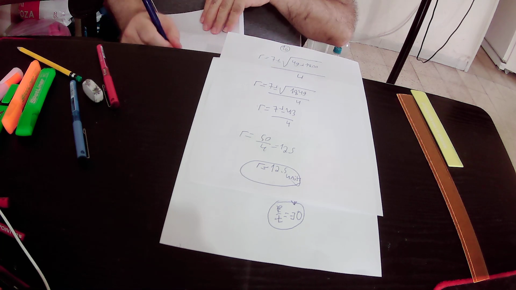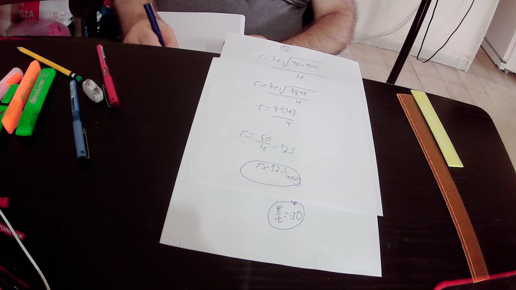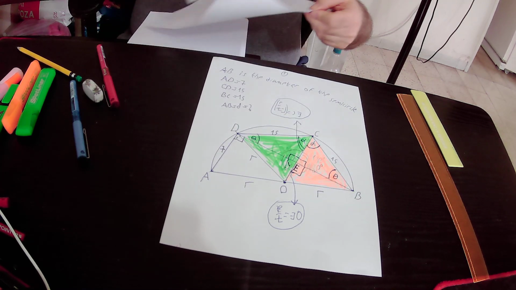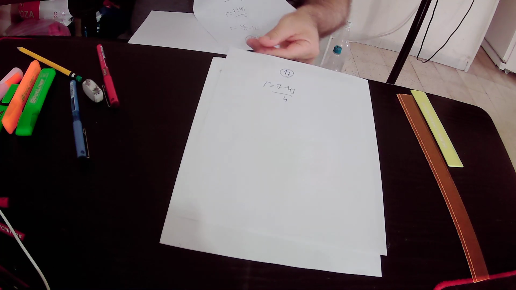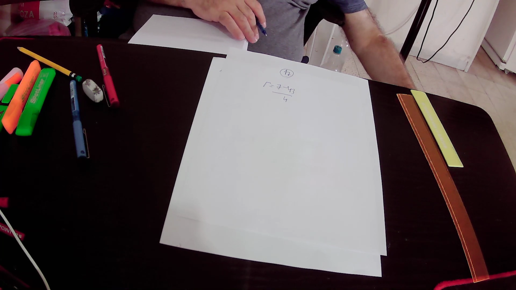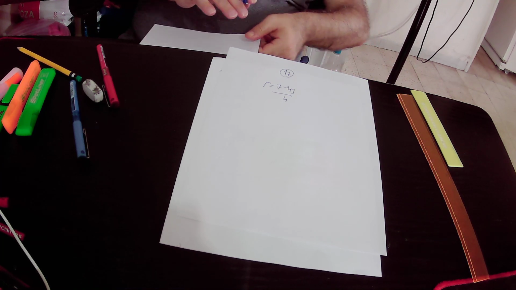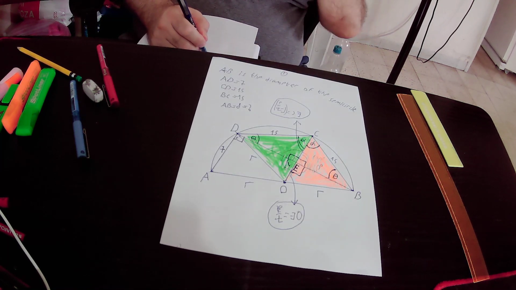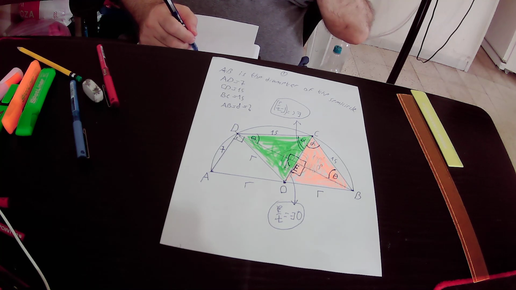And we have also the second solution, that r equals 7 minus 43 over 4. 7 minus 43 is minus 36, and minus 36 over 4 is minus 9.